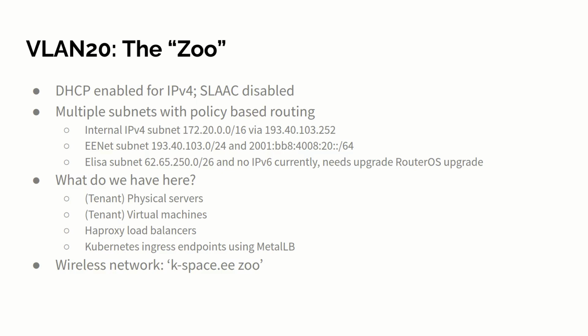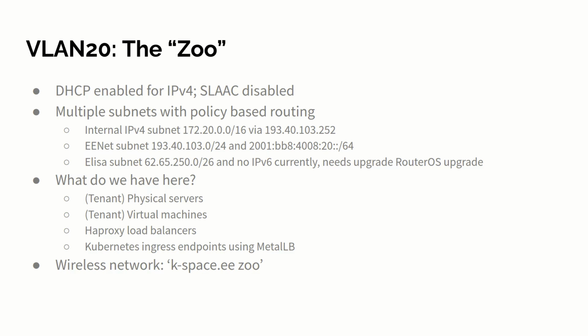Next up, we've got VLAN 20. This is the zoo. This is your default VLAN for servers in the server room. We've got DHCP enabled here for convenience, so when you do your Ubuntu server install, you immediately get a usable IPv4 address that you can access from the public wireless network.